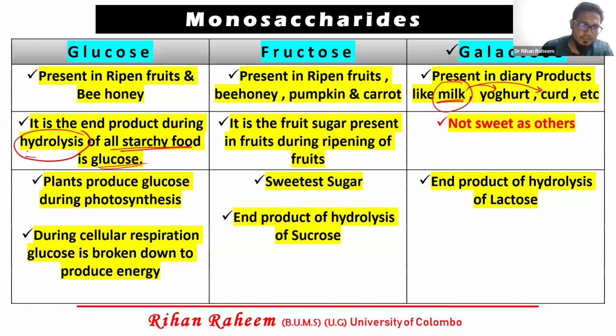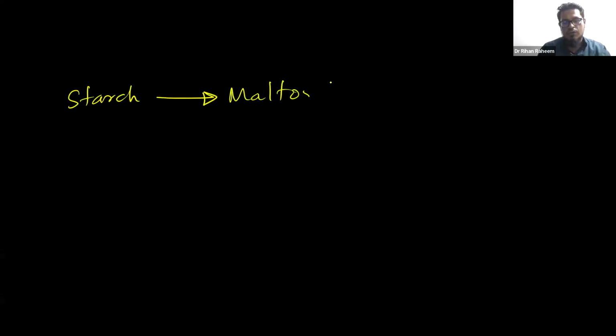What is that new word? Hydrolysis. Glucose is the end product of hydrolysis of all starchy food. I will tell you what is hydrolysis. Hydrolysis means breakdown. If you take starch and break it down, it will break down to maltose. Maltose is a disaccharide.